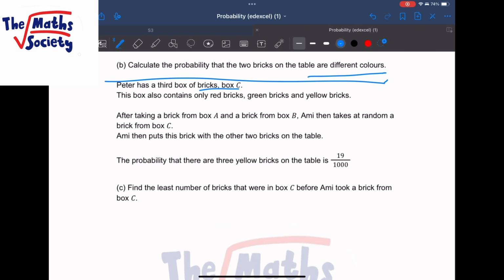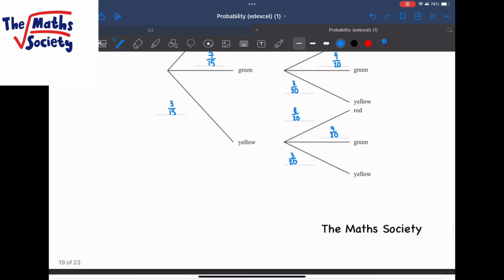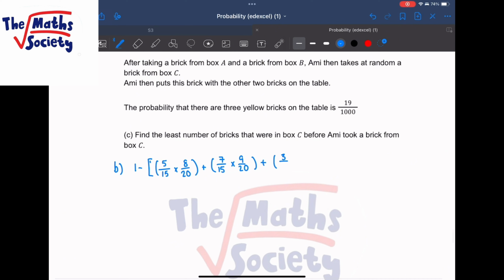So 5 by 15 multiply 8 by 20, plus green, green, 7 by 15, 9 by 20, plus the last one has to be yellow, which is 3 by 15, 3 by 20. You minus it, you will have 47 by 75, and that is your probability.